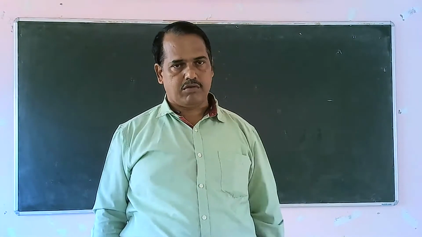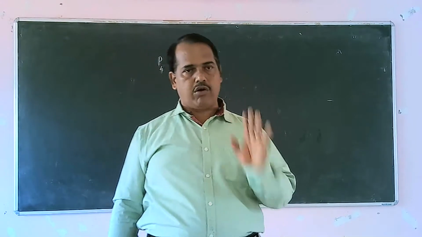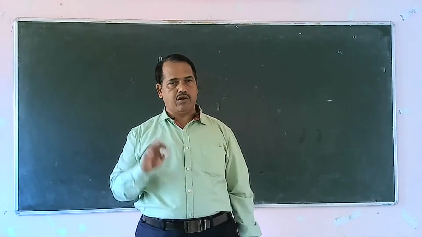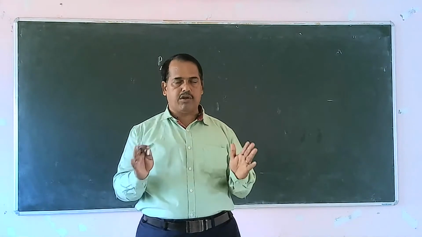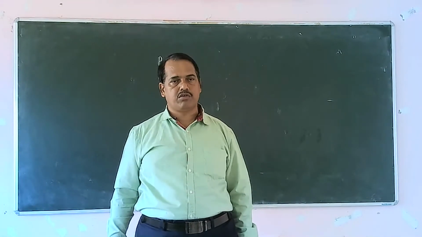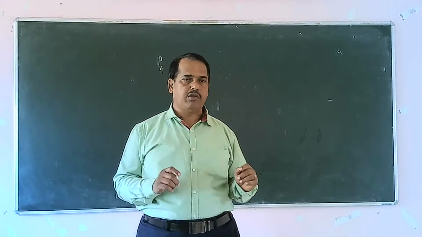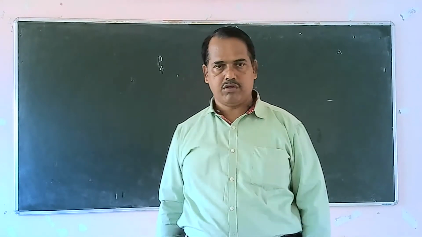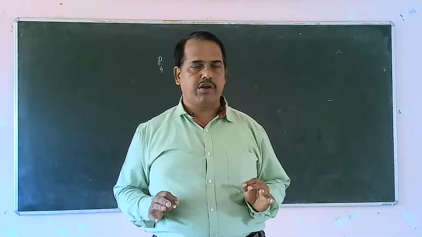According to your syllabus, you have to study red phosphorus and white phosphorus, and their differences. A simple question can be asked: differentiate between, or write any three differences between, white phosphorus and red phosphorus. So remember some points.